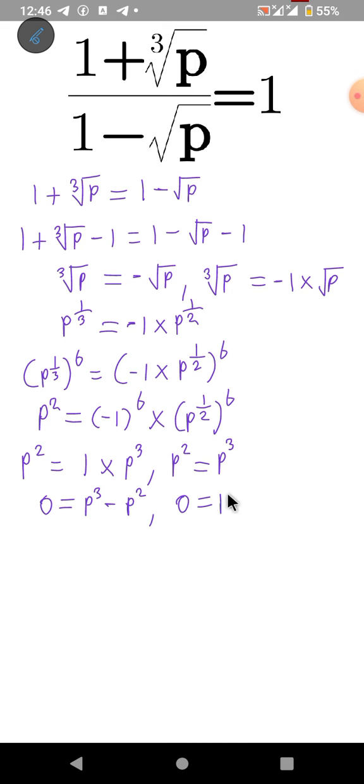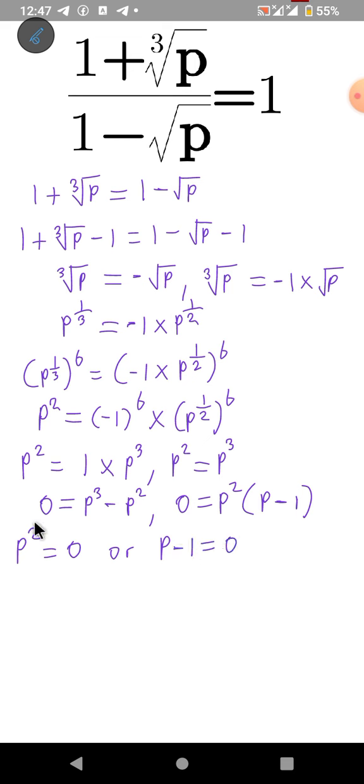So we say p squared, open bracket, p raised to the power of 3 divided by p squared, we have p. Then minus p squared divided by p squared, we have 1. Now, since p squared is multiplying p minus 1 and the result is 0, therefore p squared is equal to 0, or p minus 1 is equal to 0.